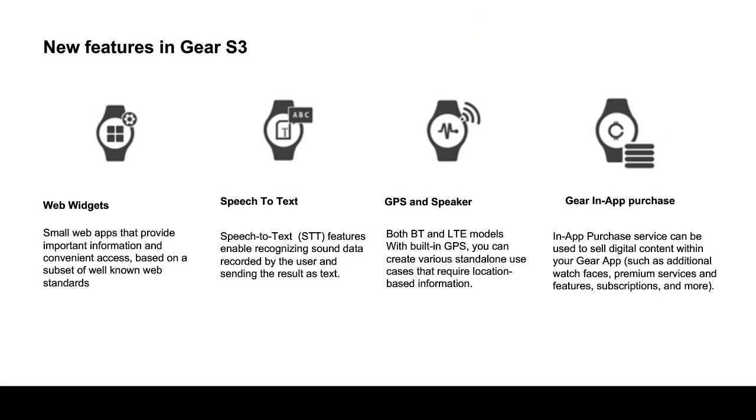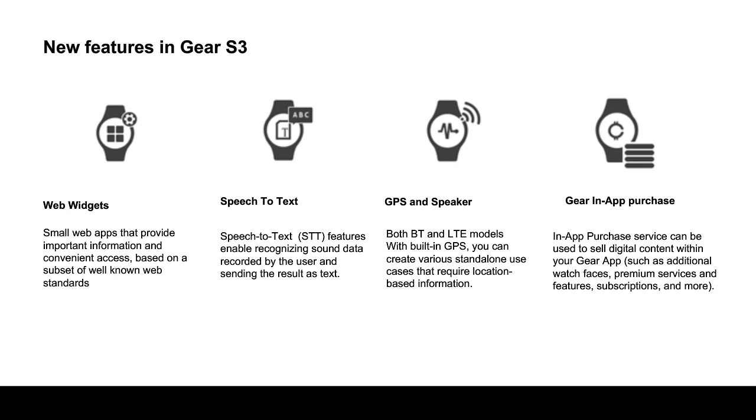Since Gear S3 was released recently, these are some of the information that will be valuable for developers and designers. The new feature introduced is web widgets. So now you can develop widgets using web APIs. Before, it was only possible to develop using native APIs.